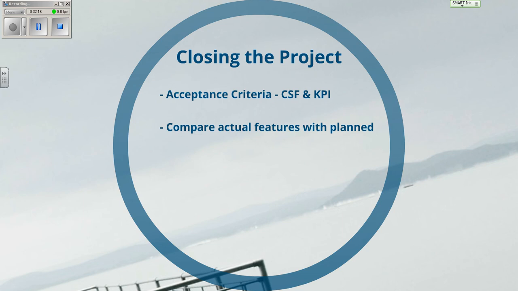Your critical success factors have been incorporated in a way that the customer is happy with. You might have associated some bonus with the key performance indicators. So you compare what you actually delivered with what you said you were going to deliver.